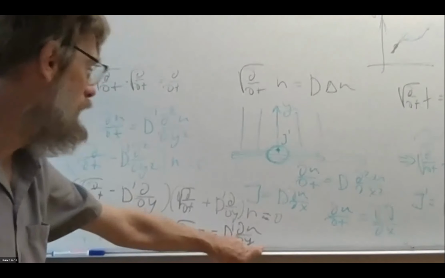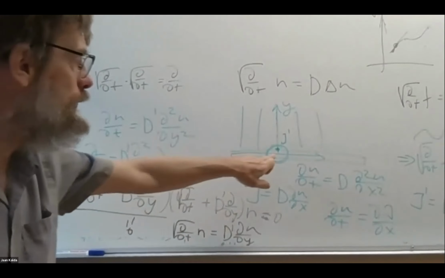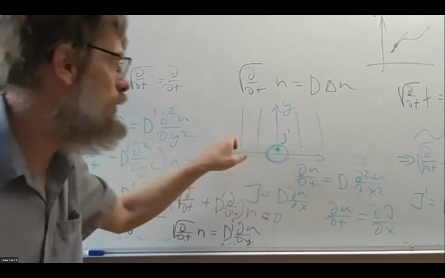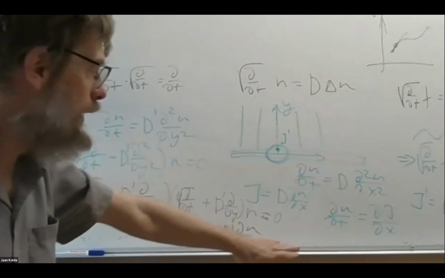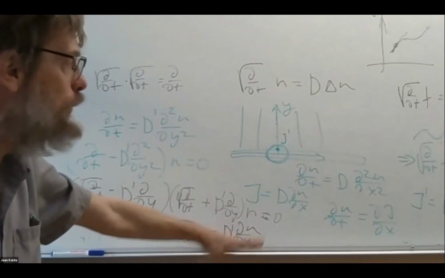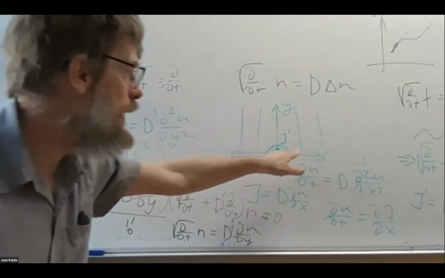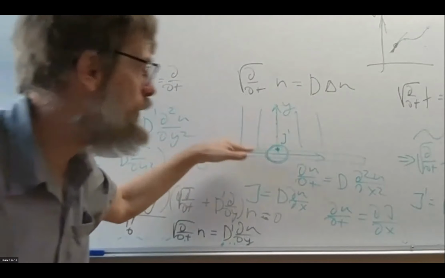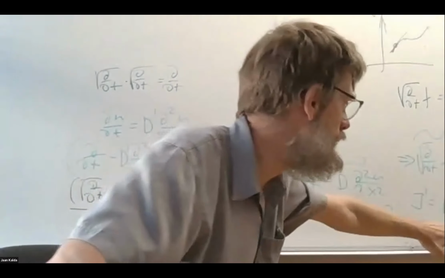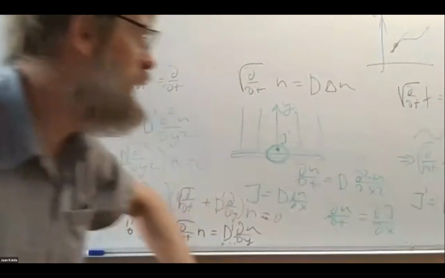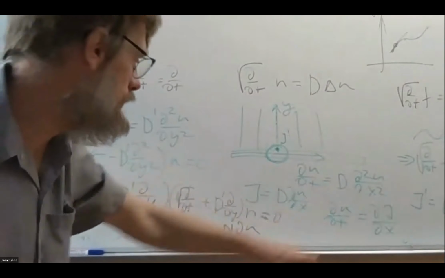And now n as a function of t is given along the track. So now with this we can get rid of the y coordinate. In order to get a material balance along the x-axis, we need to have this j prime over here, which is given by the dn over dy value here at y equal to 0.